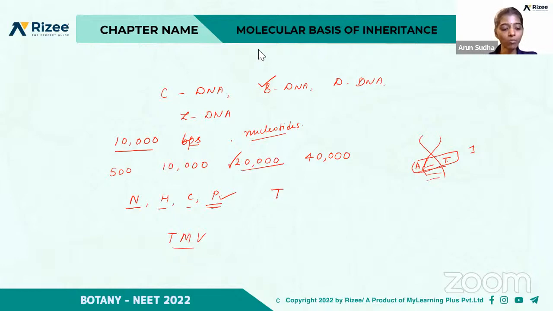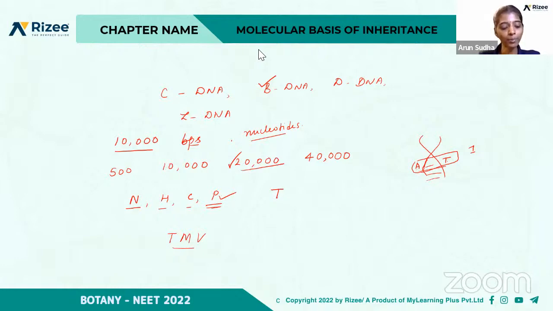The number of hydrogen bonds between guanine and cytosine are 1, 2, 3, and 4. Between guanine and cytosine, yeah, C, because there are 3 hydrogen bonds.